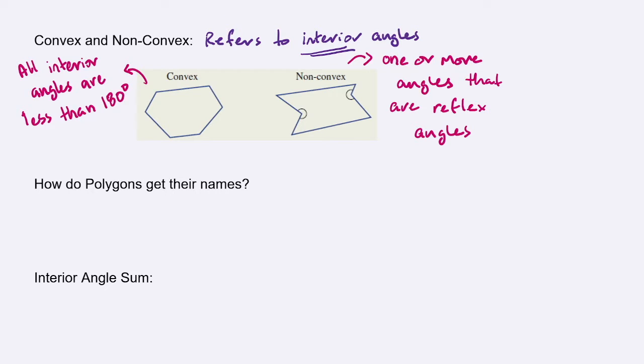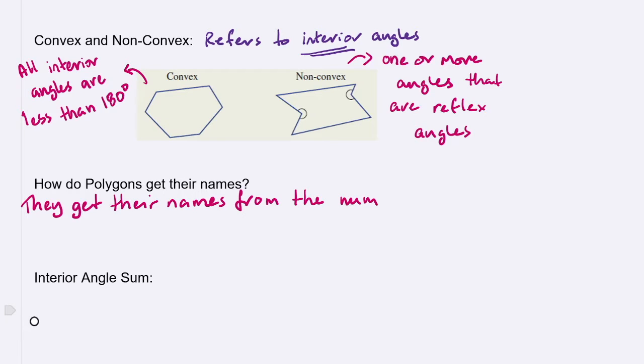Okay. How do polygons actually get their names? Well, they get their names from the number of sides they have. So for example, a triangle has 3 sides, okay, and 3 angles.